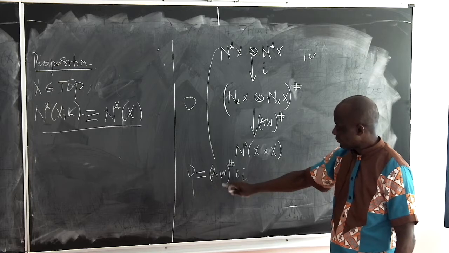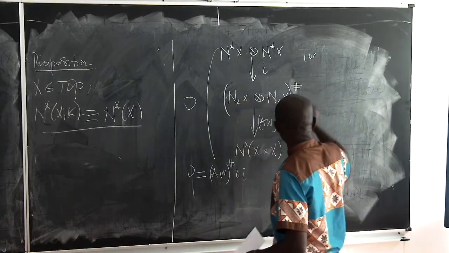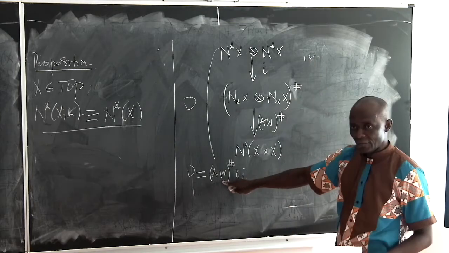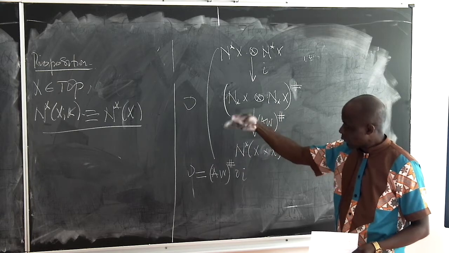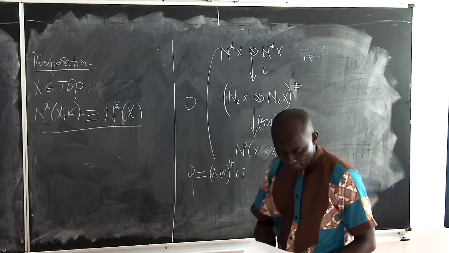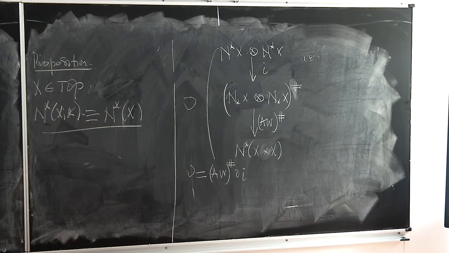I defined this map. Okay. So this map, I told you that this map is an equivalence. So by moving to the homology, we have an isomorphism to this map.